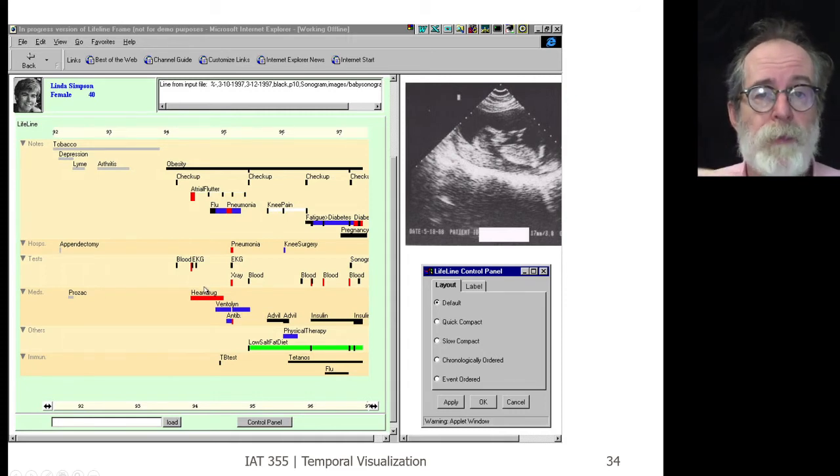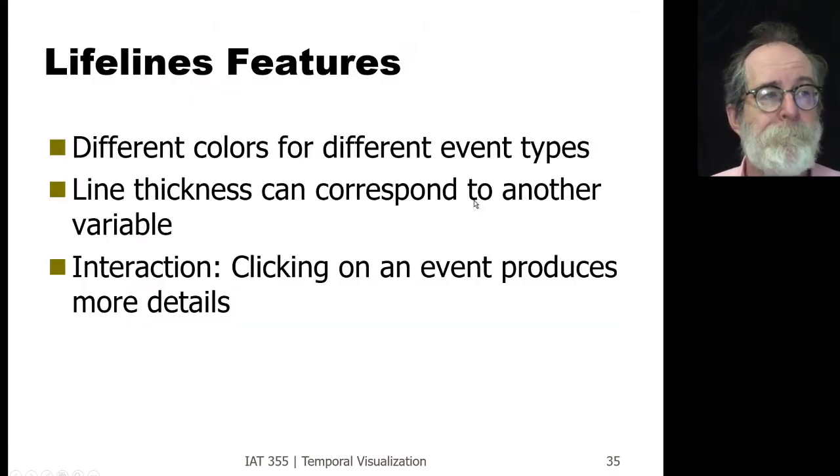The user of the Lifelines system wants to interact with the system to see the medical image, and the time, date, and location where that medical image was taken is also located in the timeline. So here's pregnancy right here. Presumably that got clicked on in order to show the imagery related to the pregnancy.